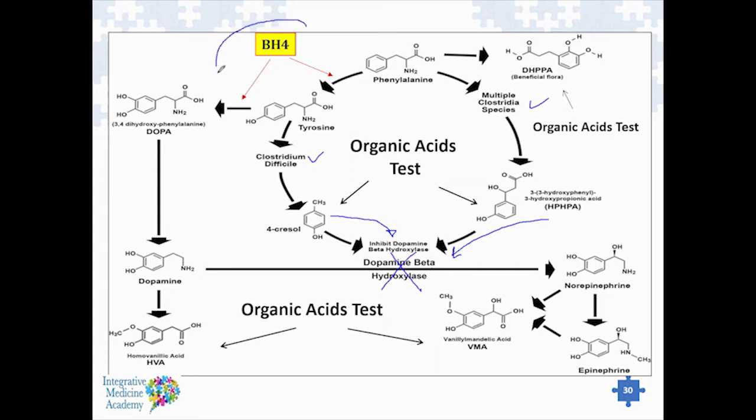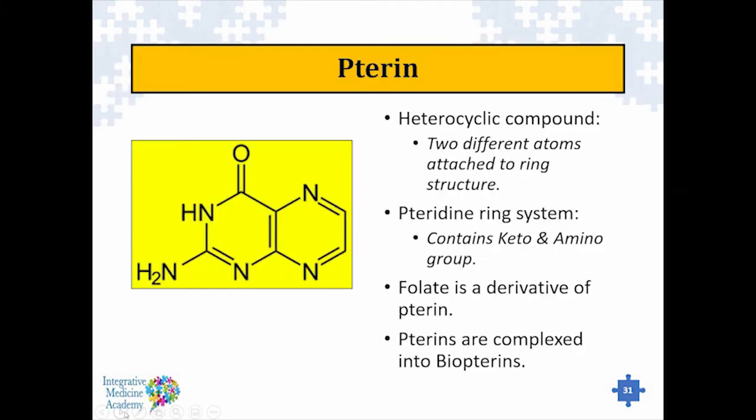But it turns out that BH4, tetrahydrobiopterin, plays a role as a cofactor in conversion of phenylalanine and tyrosine in these metabolic pathways as well. It starts with this particular chemical called a pterin. These things are called heterocyclic compounds, where they contain different ring structures.